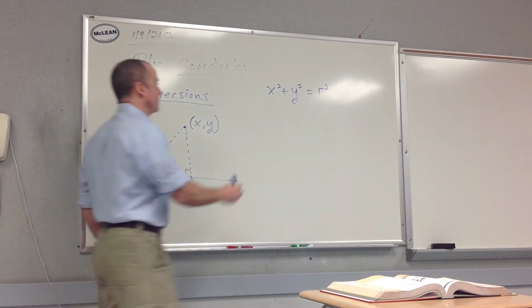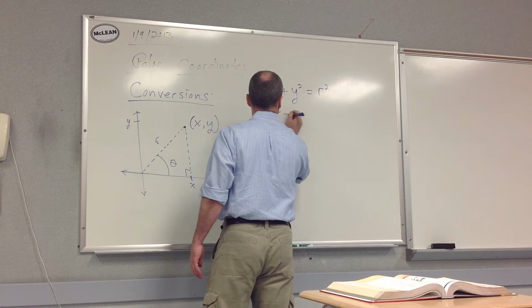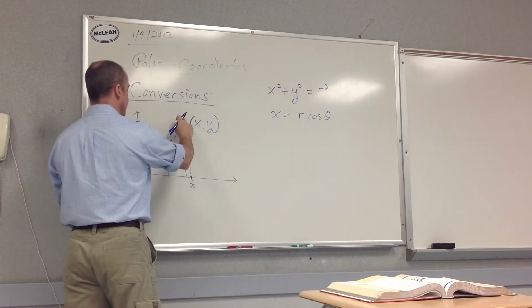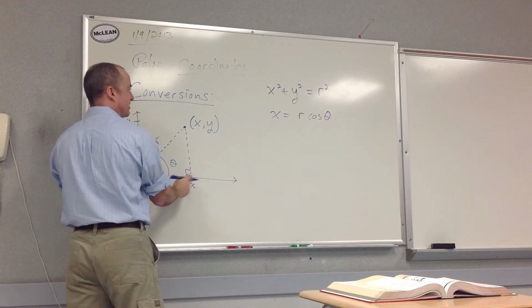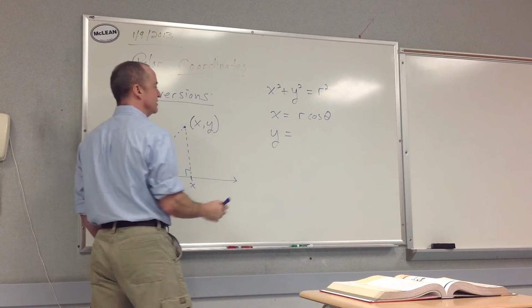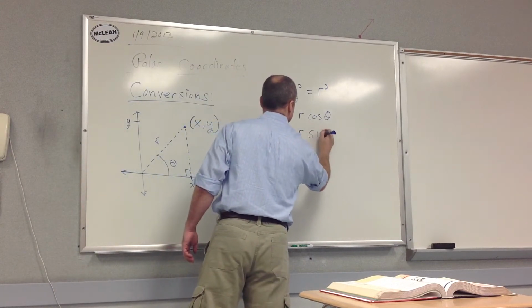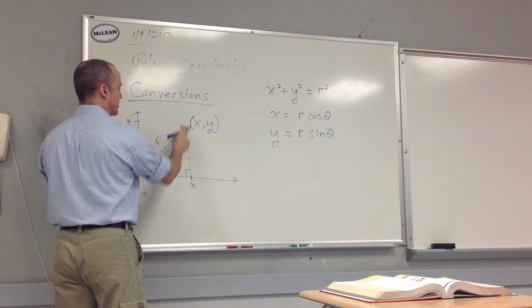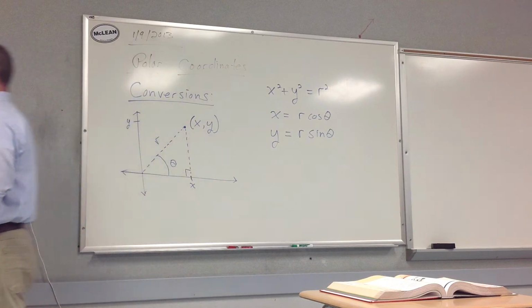What else do we know? We know that x is r cosine theta. The hypotenuse times the cosine gets the adjacent. We know that y is r sine theta, because the hypotenuse times the sine of the angle gets the opposite.